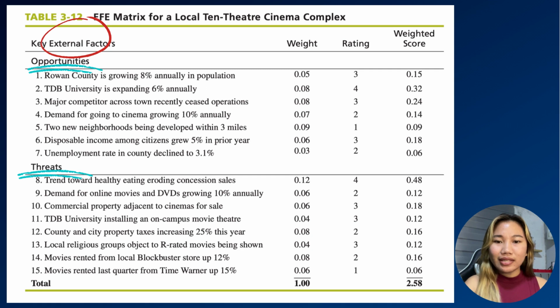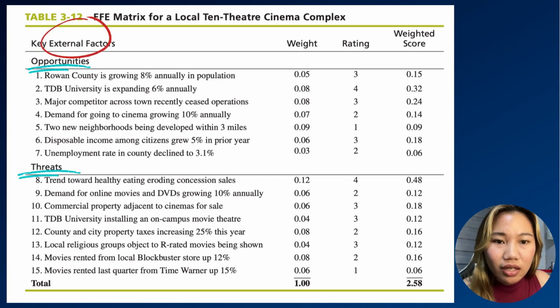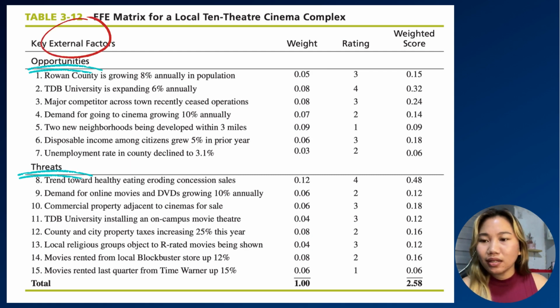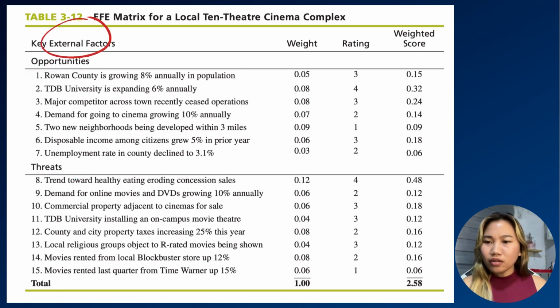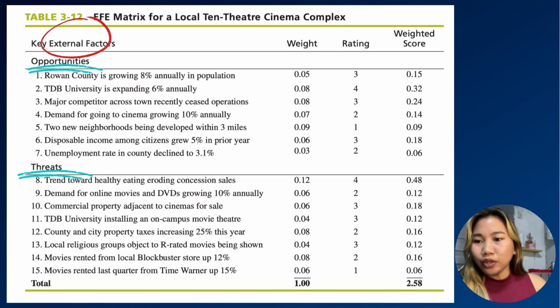So here is an example of an EFE matrix for a local 10 theater cinema complex. So let us know the different parts of this EFE matrix. So let us first discuss the key external factor. When using the EFE matrix, we identify the key external opportunities and threats that are affecting or might affect a company.